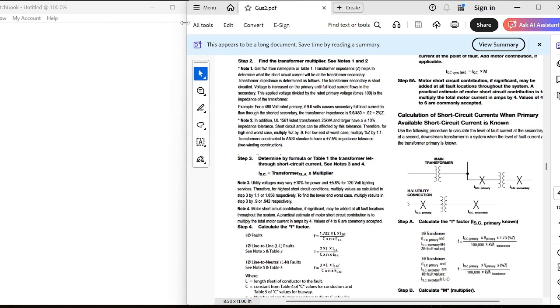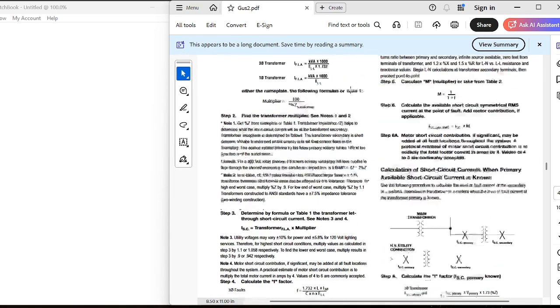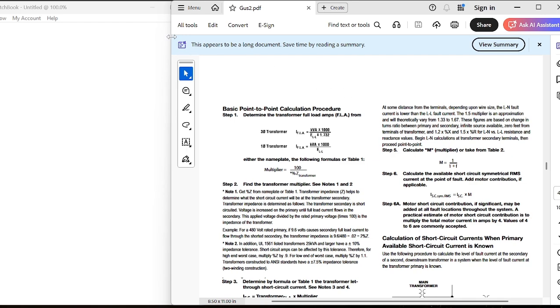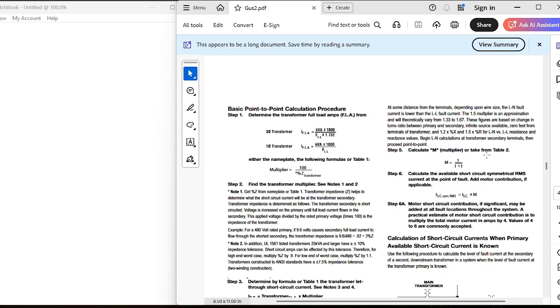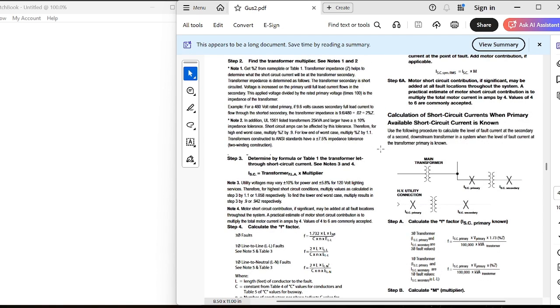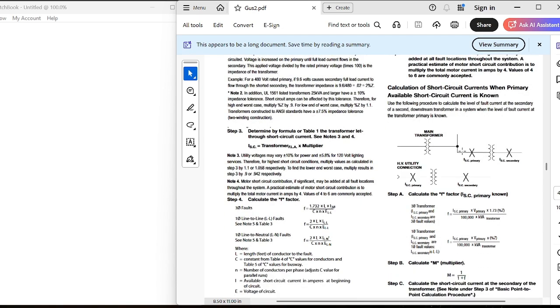It's the Bussmann. It's the basic equations for the calculations that the guy that we did the video on went through and did, but he was doing his based on this. These are the basic equations that he was using. So you find your current, your secondary current.